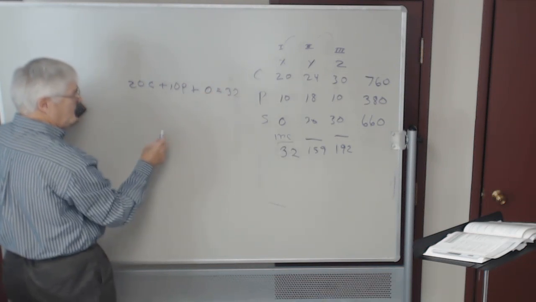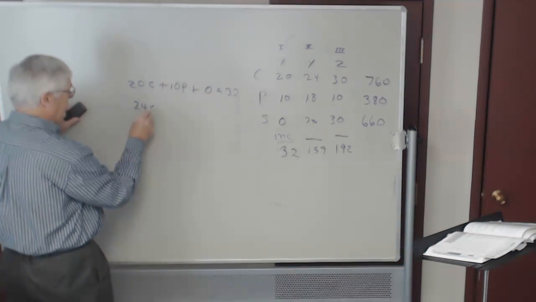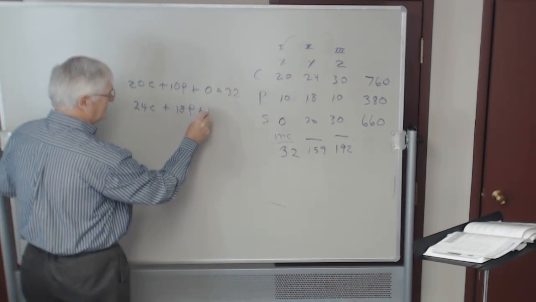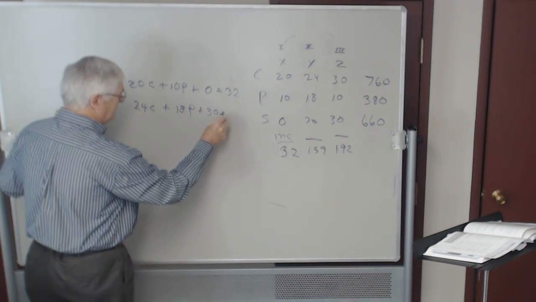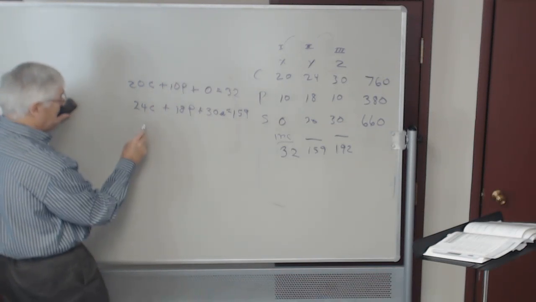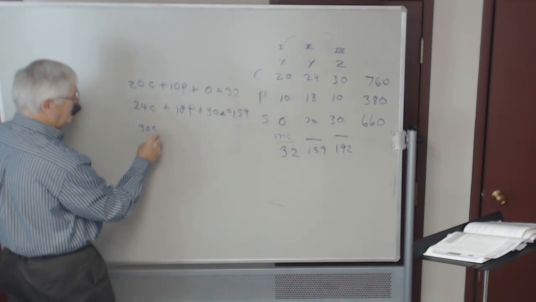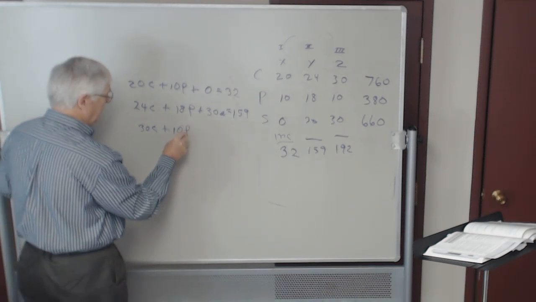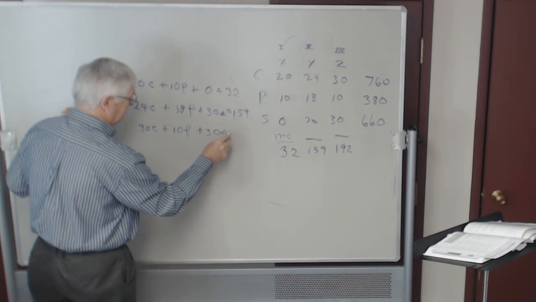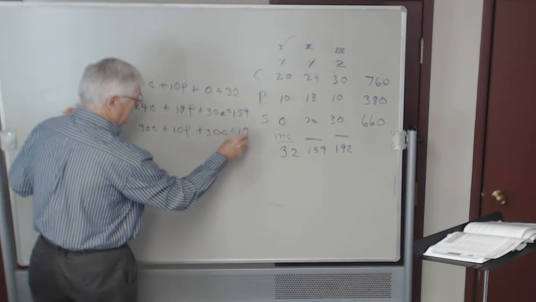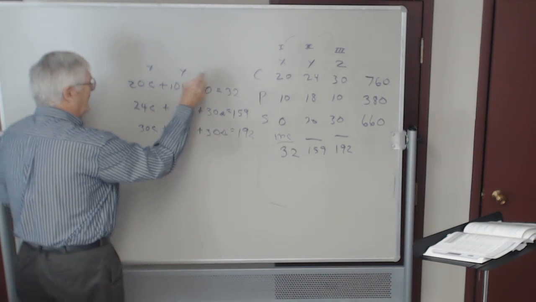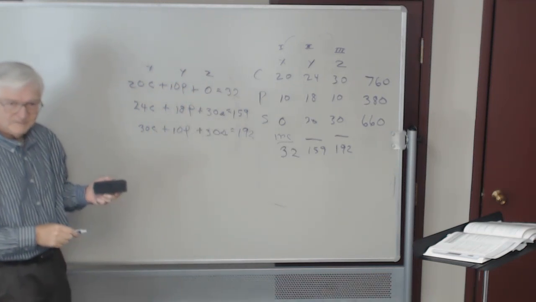For the second machine, 24C plus 18P plus 30S equals 159. And the third kind of machine would be 30C plus 10P plus 30S equals 192. And how would I put that in the machine? I would just call that X, Y, and Z. You follow me?